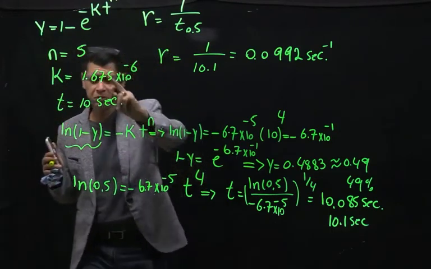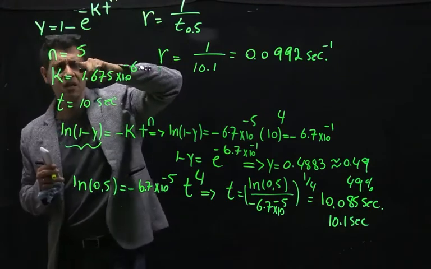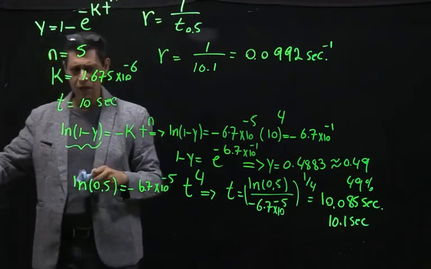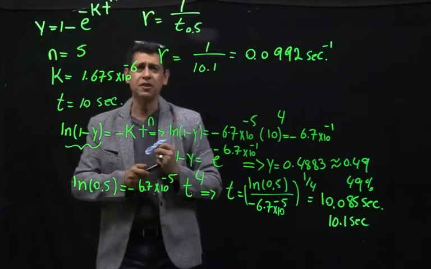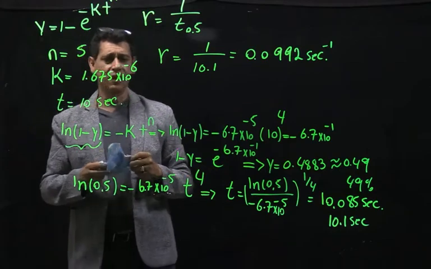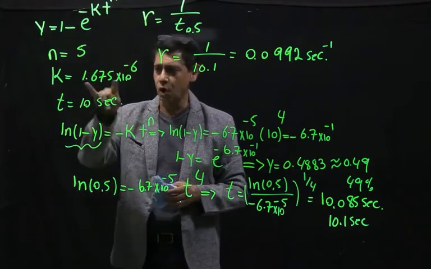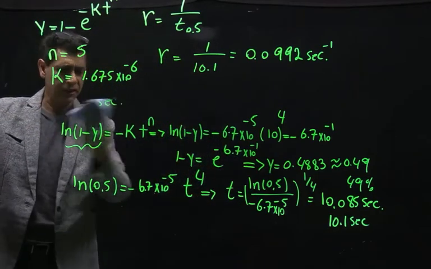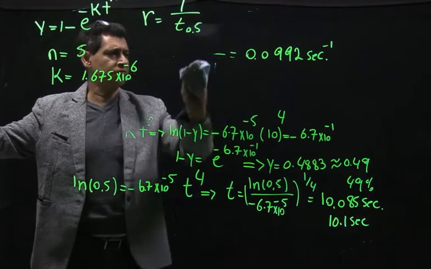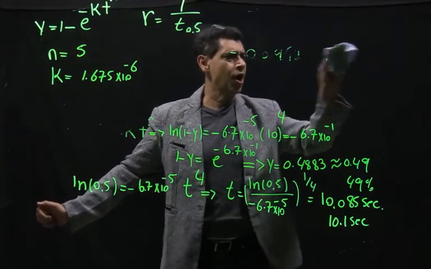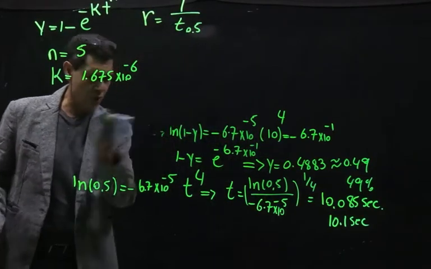I reduce this by 400% and I increase n by 25%. This shows which effect is more dominant here. So let me delete these and find the time required for 50% of the new one.